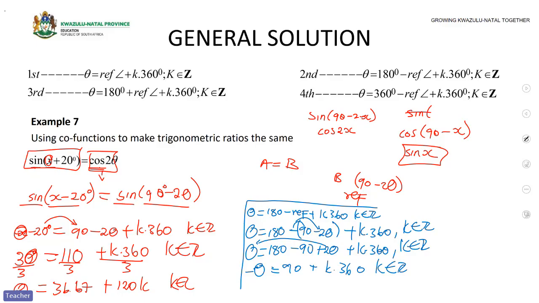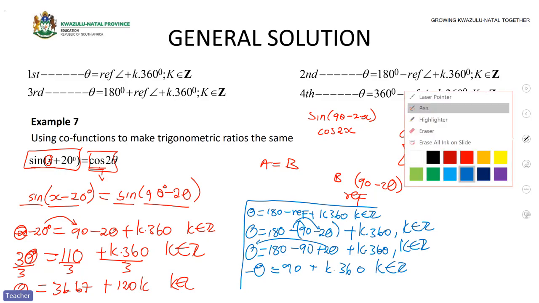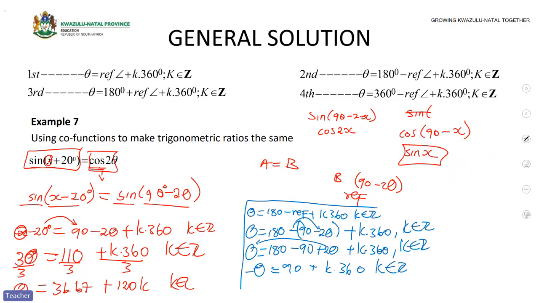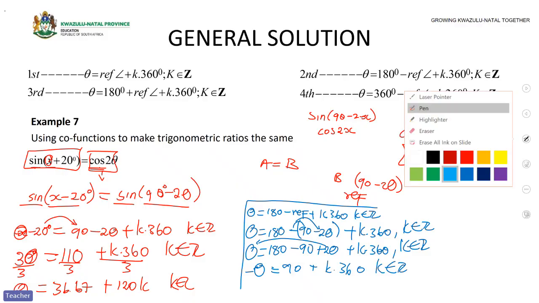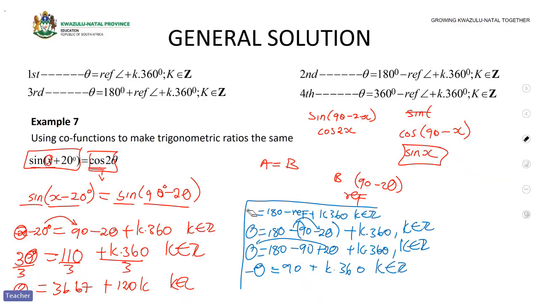I think for the second solution, I've left out the 20, sorry. We should be having 20. It's not only theta. Our angle here was not theta, our angle here was theta minus 20.